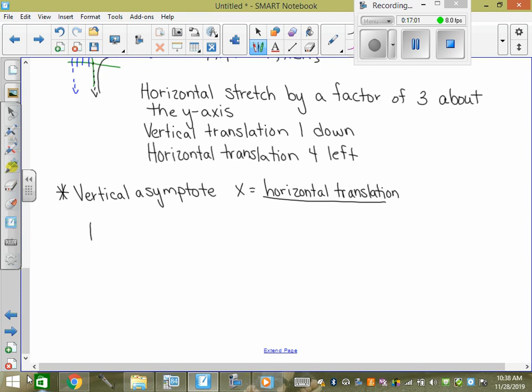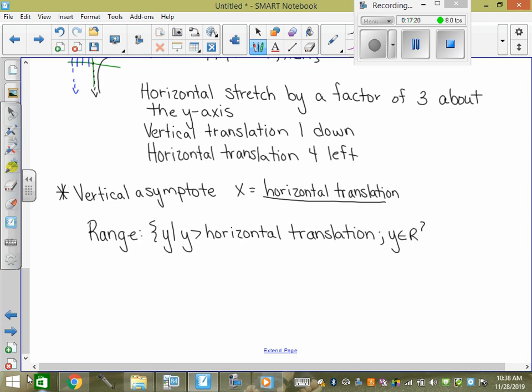And your range will be y in R. Your domain will be x such that x is greater than the horizontal translation, or x such that x is less than the horizontal translation.